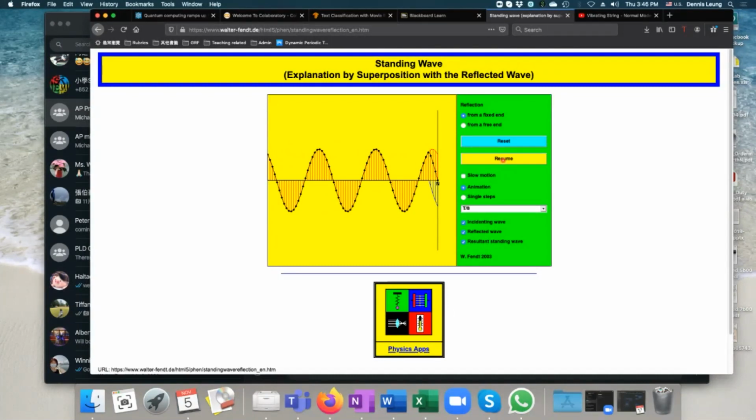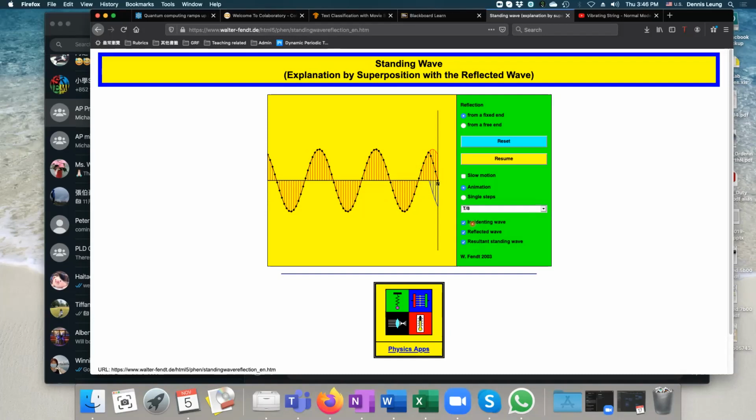on the right-hand side. Notice that the red wave is from left to right. The blue wave, on the other hand, is from right to left. Notice that it is hitting a fixed end. Therefore, the wave is displaced downwards. That is the idea. Now, there are several things you could see in this simulation.